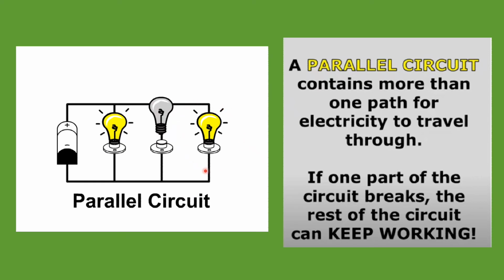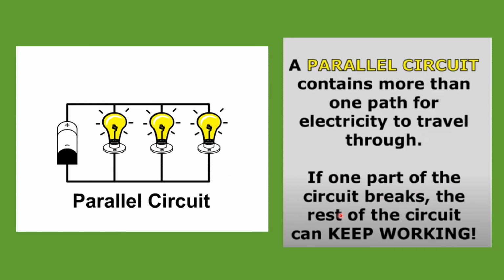The only difference between the series and the parallel is that in series, they only pass through one path, but in parallel, they have different paths. So if one bulb is not working, the other two bulbs will not be affected because they have different wires.